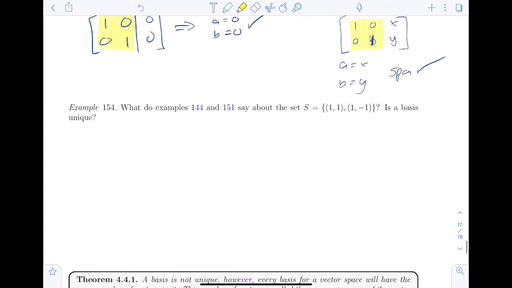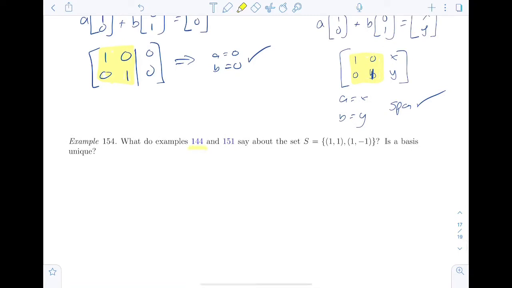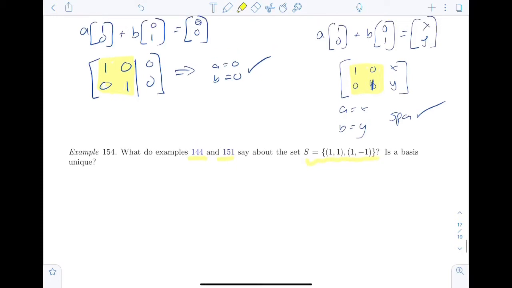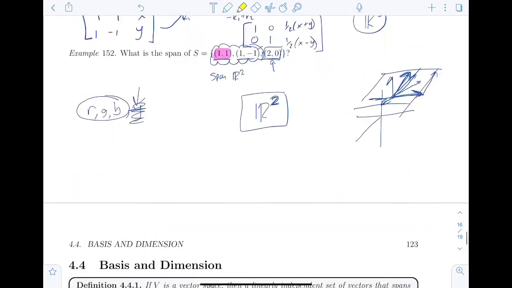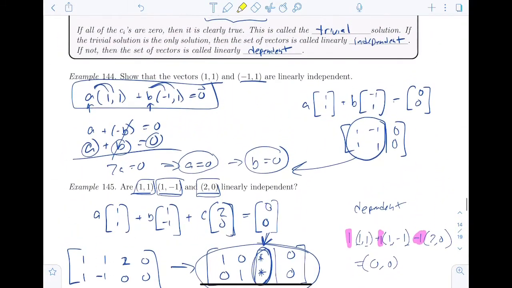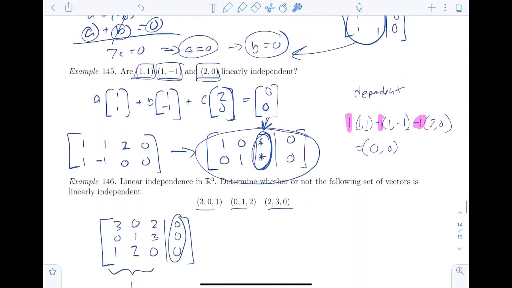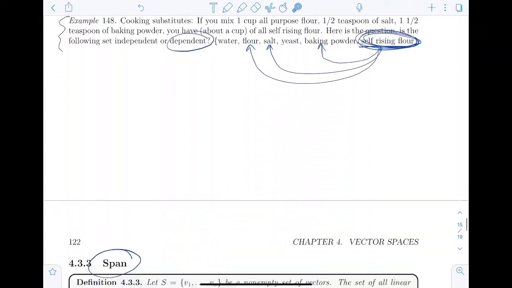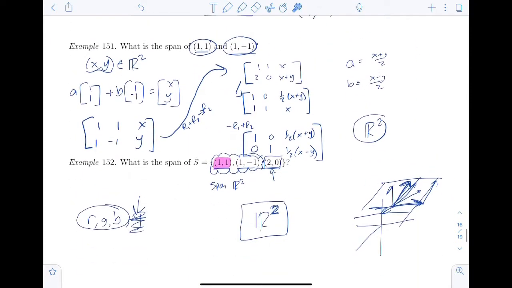Now, what do examples 144 and 151 say about the set {(1, 1), (1, -1)}? Well, let's go find those here. 144 and 151. Let's go find 144. Okay, 144, the example said, show that these vectors are linearly independent. Good. And the next one was 151.